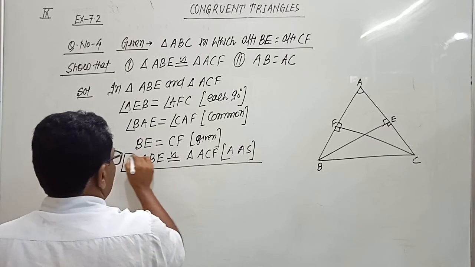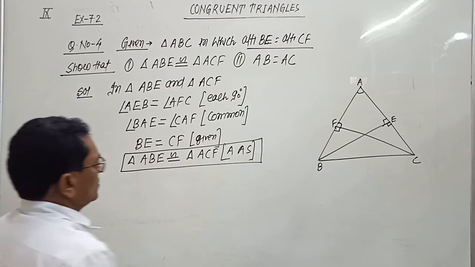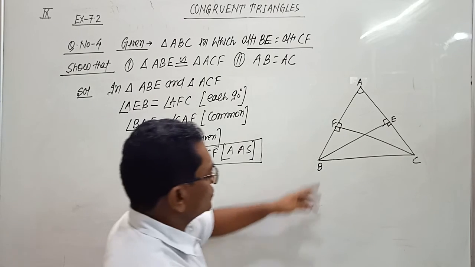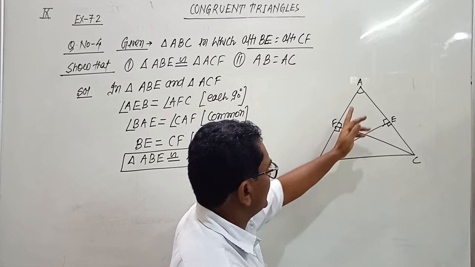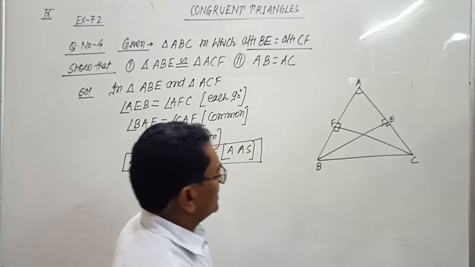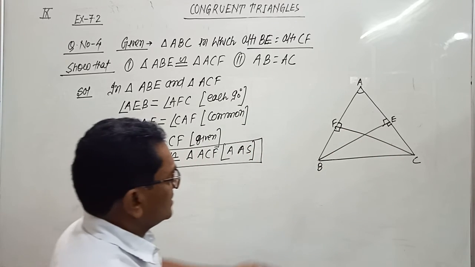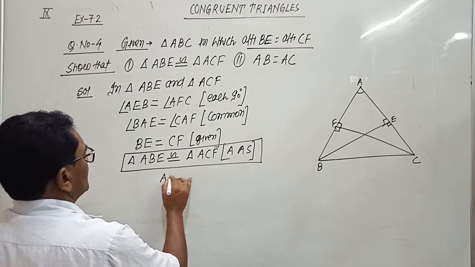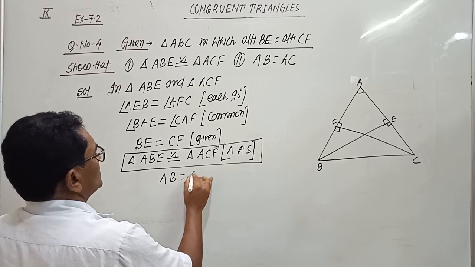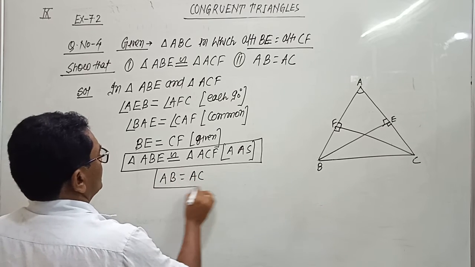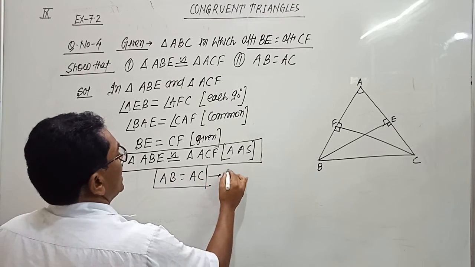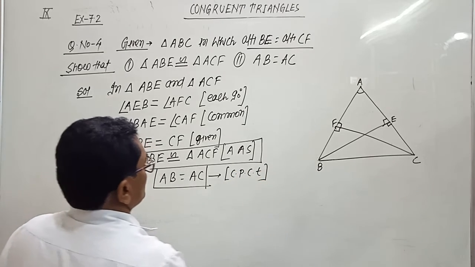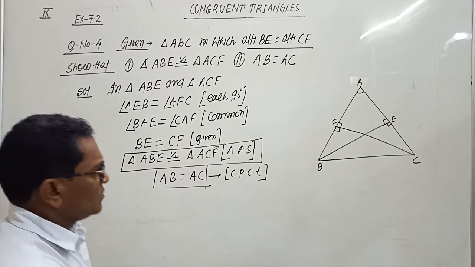If these two triangles are congruent, then by CPCT side AB equals side AC. This was the second part, and this is by CPCT, corresponding parts of congruent triangles.